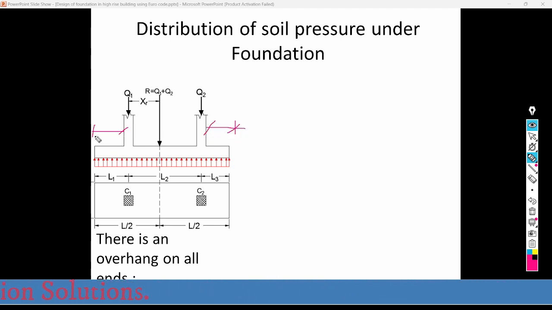So overhangs are provided in two directions. There is an overhang on all ends. The distribution of the soil pressure under the footing looks like this one because here we have a rectangular combined footing or rectangular mat foundation just like this. Here this is the center of mass of the footing.